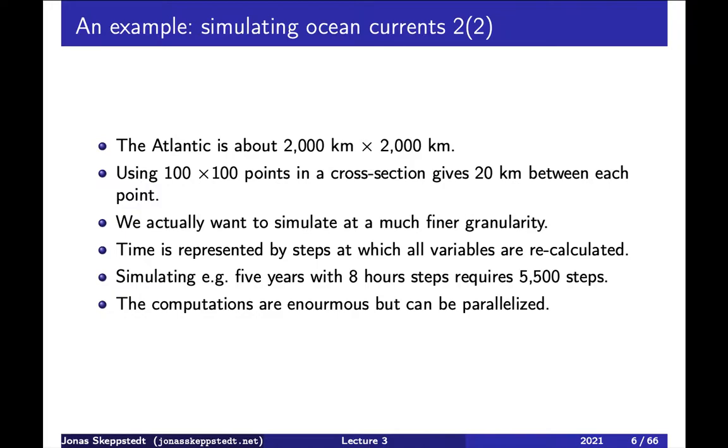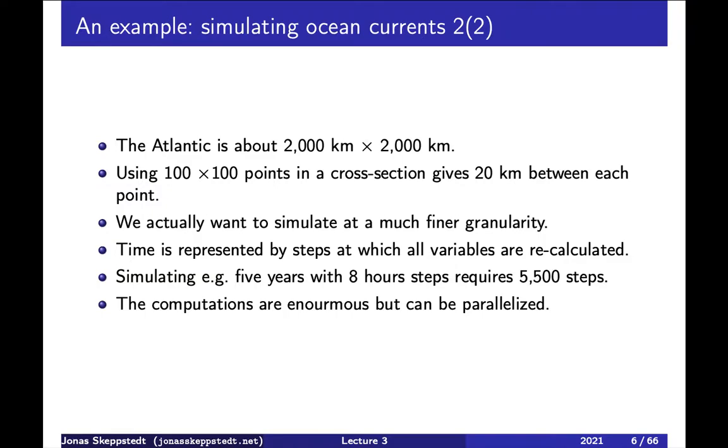If we want to have 100 times 100 points in a cross section, that's one chessboard, so to speak, it will give us 20 kilometers between each point. But we probably want to simulate this at a much finer granularity.